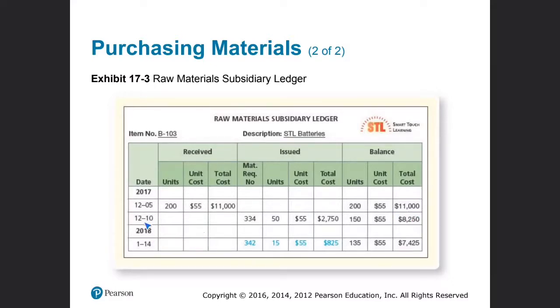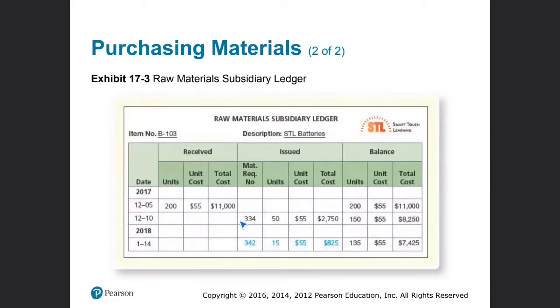And then on December 10th, we issued some units. So we issued 50 units. And we're going to put in here our materials requisition number. This is just so that we can track where this is going. When someone requested this material, they had a requisition number.